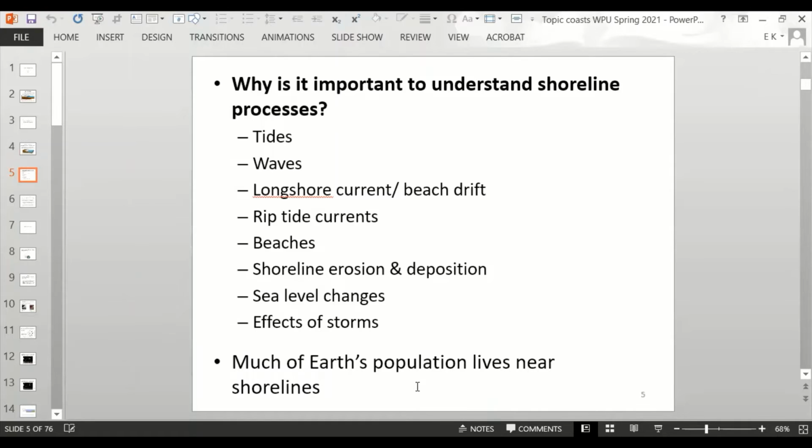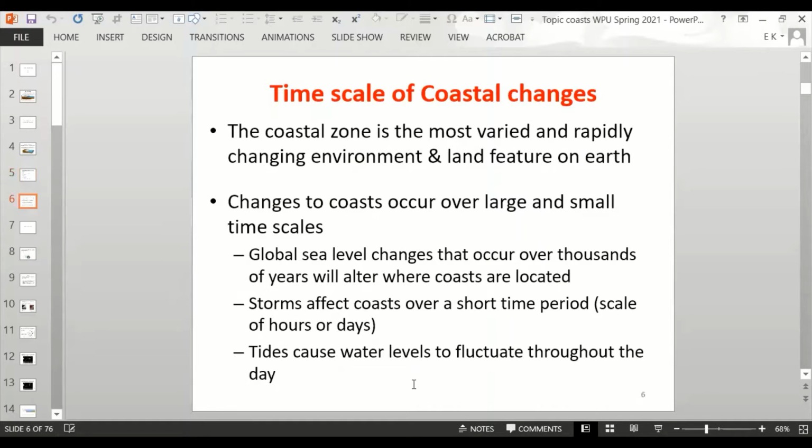Much of the Earth's population lives near the shore, so it really does help to know a lot about shoreline processes if we have large numbers of people living near the coasts around the world. So the coastal zone is the most varied and rapidly changing environment and land feature on Earth.